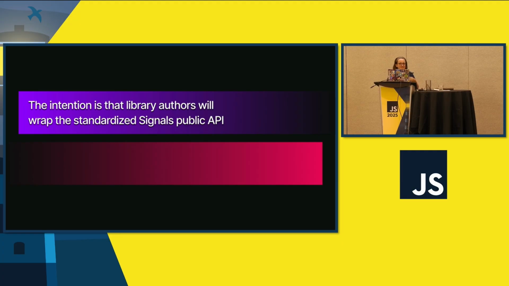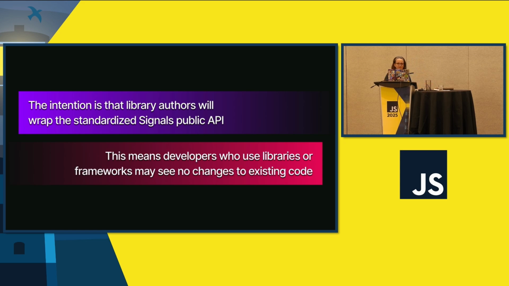The intention is not that signals are going to make libraries change everything. They're meant to standardize the signal under the hood, and the library authors will then wrap that implementation. So as a Vue developer, you shouldn't expect to see changes to how Vue is written, other than what maybe Vue would be doing anyway. Same thing with Angular.